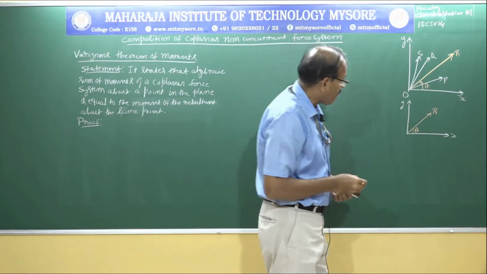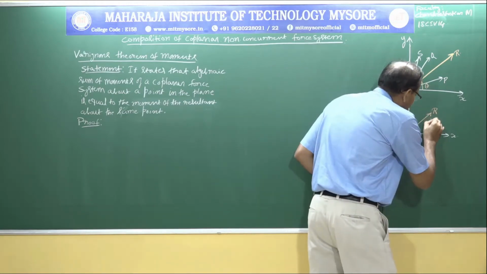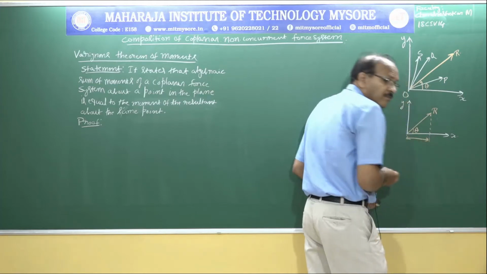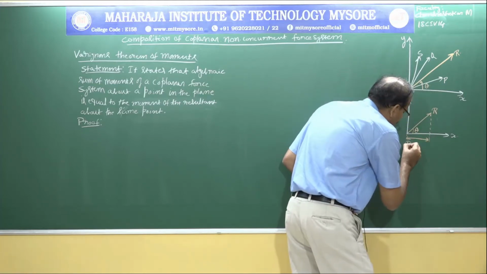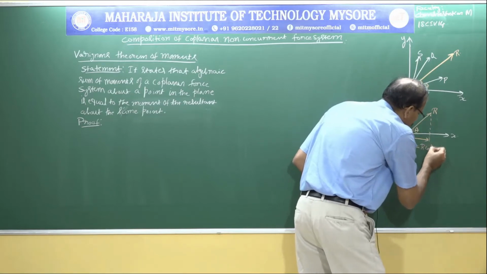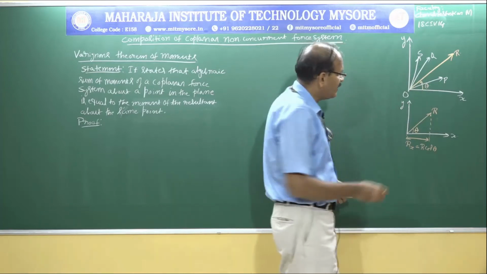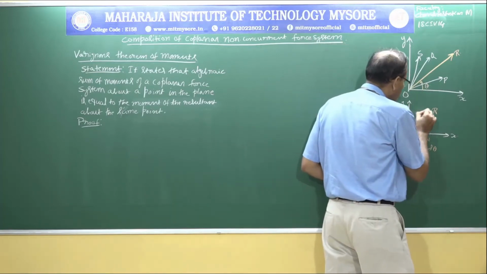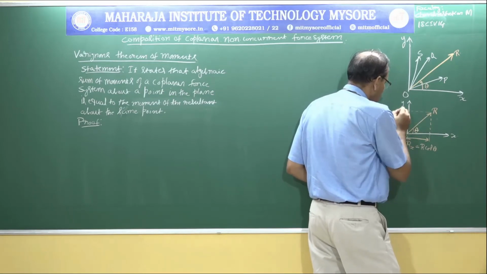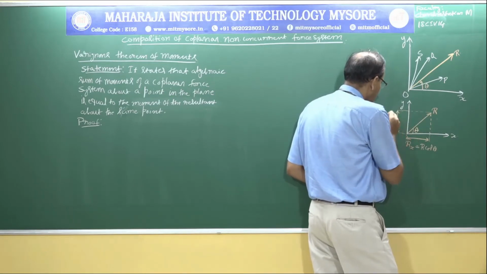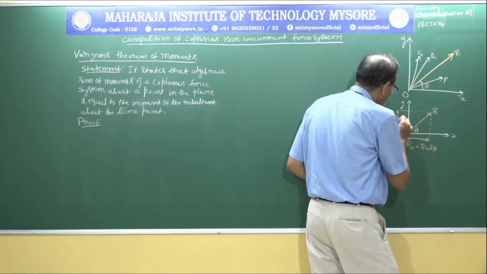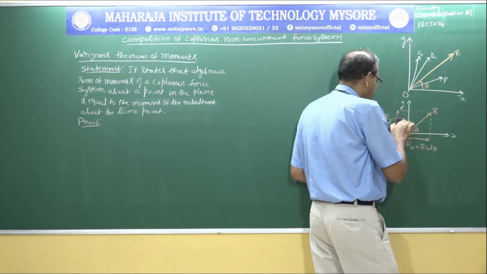The horizontal component of the resultant, Rx, is equal to R cos theta, and the vertical component of the resultant, Ry, is R sin theta.